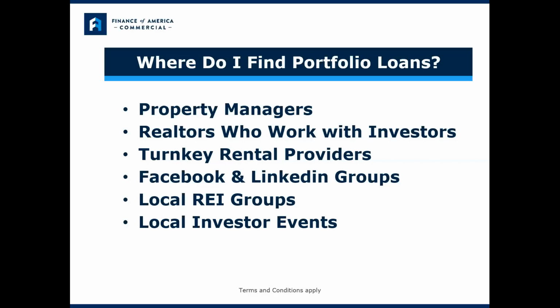So if someone has a 5 unit or 6 unit, we prefer a 7 unit, but if it's $1 million in value and we can do a $700,000 loan amount, we certainly will take a look at those. So don't run away if you have a 5 or 6 unit portfolio opportunity, because we will take a look at it, even though our rule of thumb is 7 units.